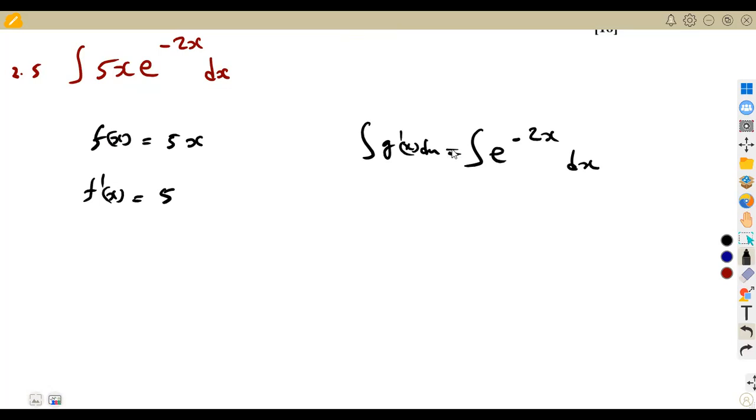So the question is how, if we integrate this, we're going to obtain our gx, which is fine. But what about an e? This is going to take us a stage because the integral of e is given like this. The integral of a to the exponent of f of x with respect to x is given as a to the exponent of f of x over the first derivative of f of x ln of a.